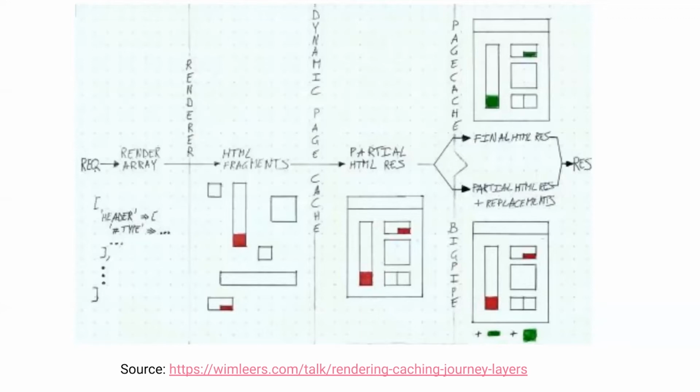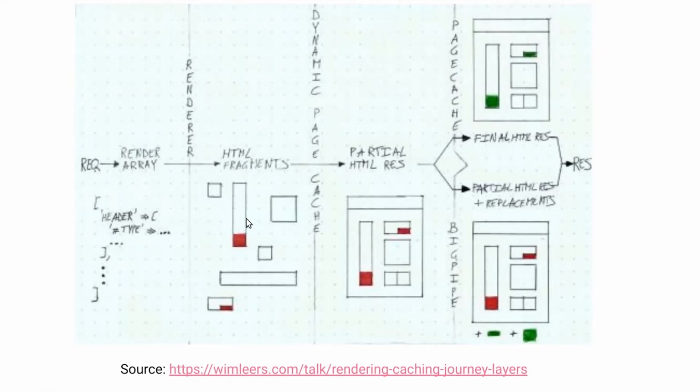So this is a diagram which was uploaded by Wim Leers. He's one of the members who worked on this feature of introducing page caching and dynamic page caching. Here we see a render array. This is maybe a block or a controller which is returning some array which is to be shown on a particular page.